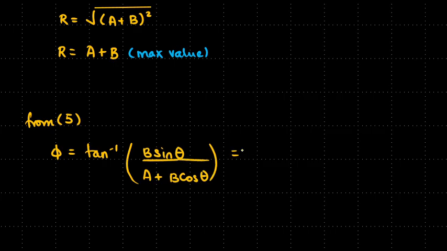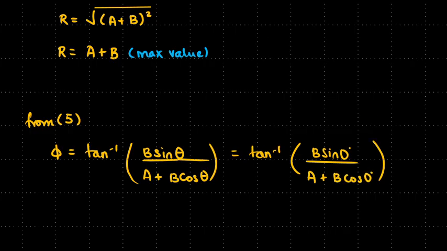Now let's put in the values. So tan inverse of b sine 0 degrees by a plus b cos 0 degrees. And sine 0 degrees is just 0. So 0 multiplied by something is 0, and 0 divided by something is 0, so this whole term just turns out to be 0.